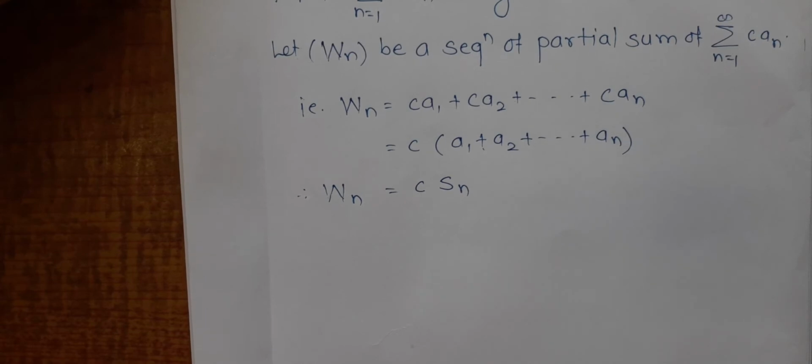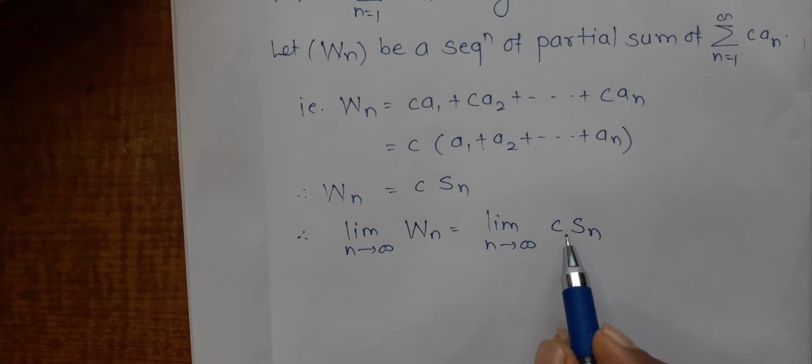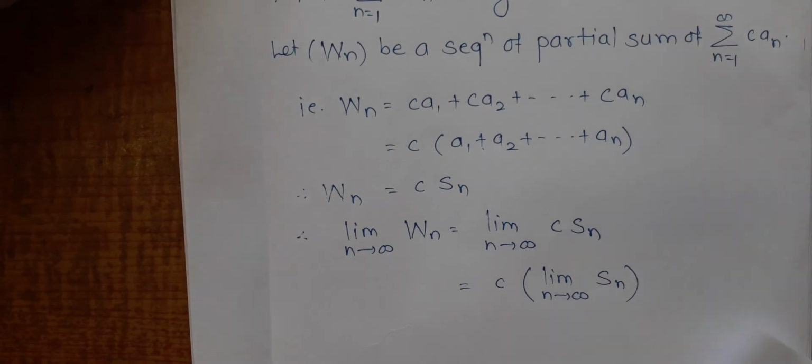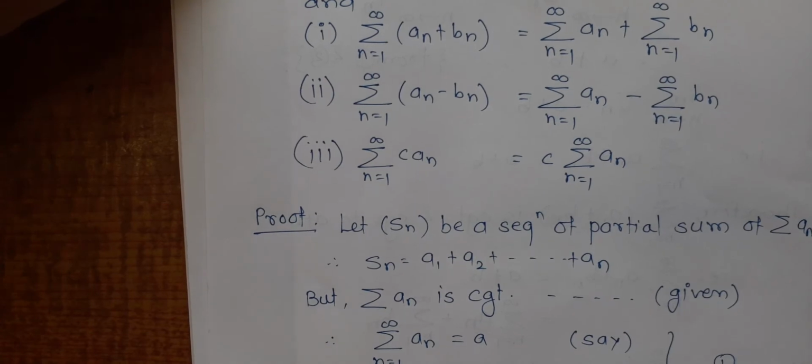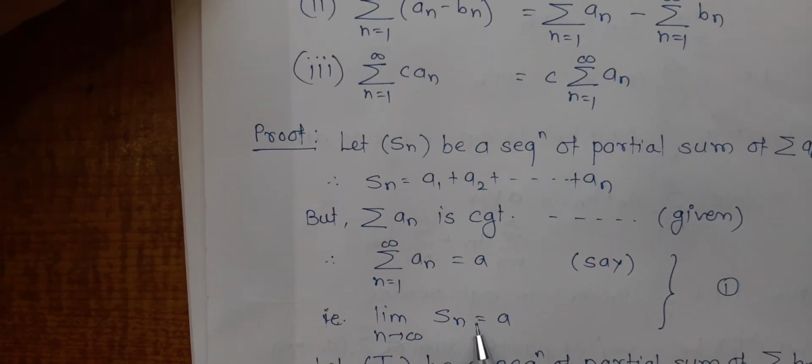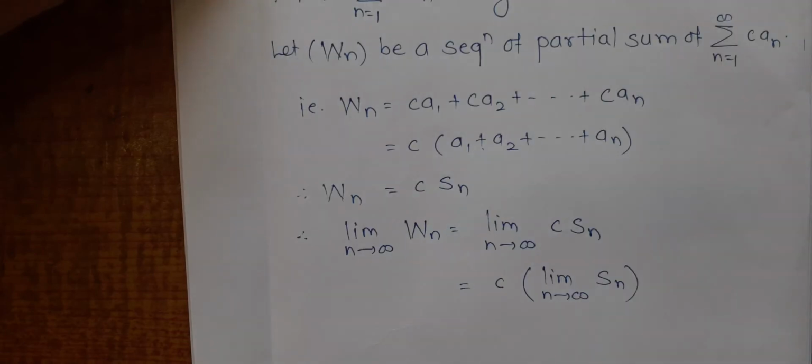Will you guess the next step? Yes, obviously I will take the limit of both sides. But see, c is a constant, so you can take it outside the limit. What is the limit of S_n? We have already seen in equation number 1 that the limit of S_n is A. So this is nothing but c times A, from equation 1.